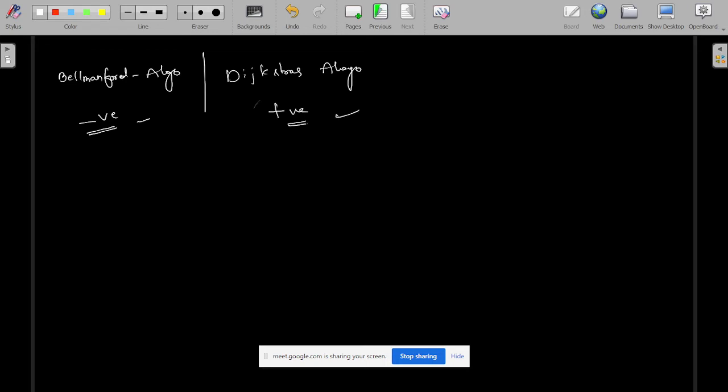Dijkstra's may or may not give the answer for negative weights. So if it is negative, use Bellman-Ford, not Dijkstra's. Everybody clear with this? Yes or not?